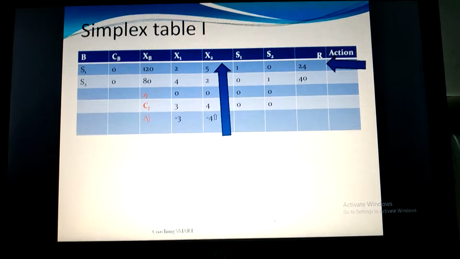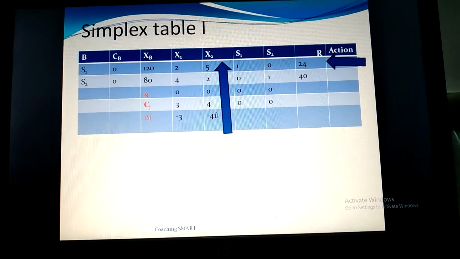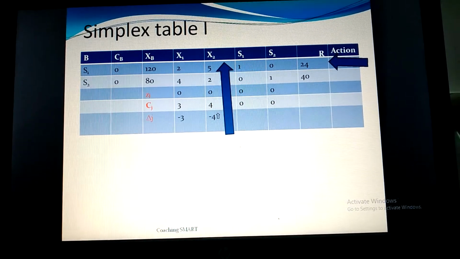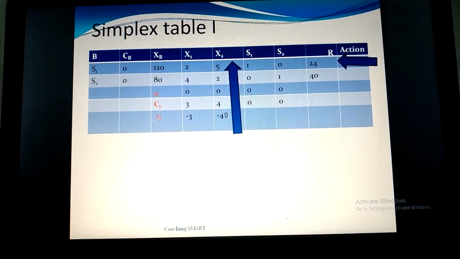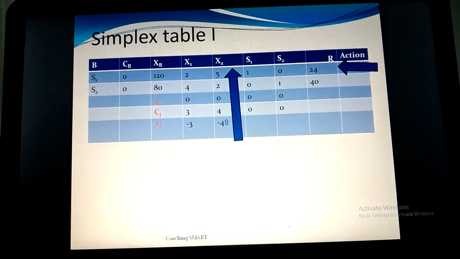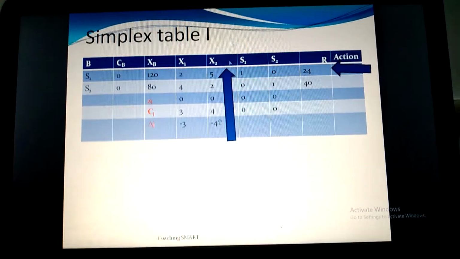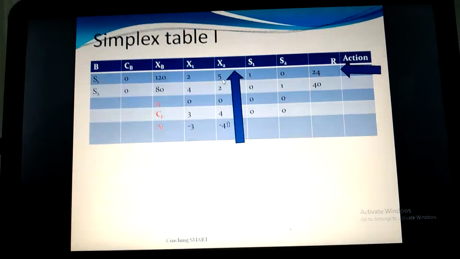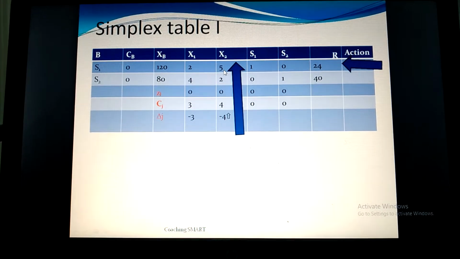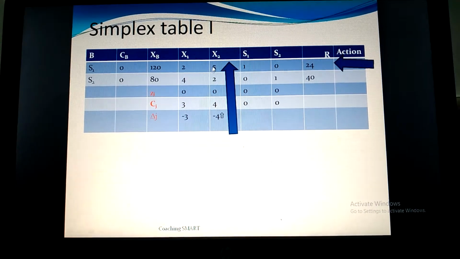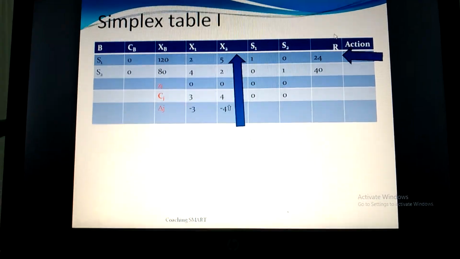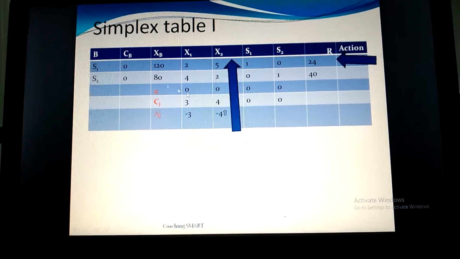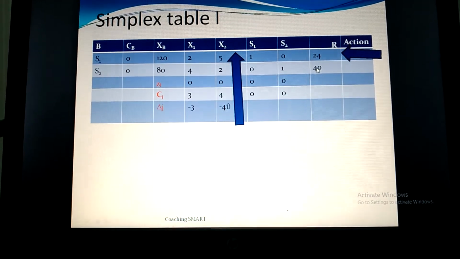Now, how do you get the outgoing vector? For the outgoing vector, you find the minimum value or the minimum ratio. To get that, take the key column, which is 5 and 2. For the first equation, 120 divided by 5 gives you 24, which is the ratio. 80 divided by 2 is 40.